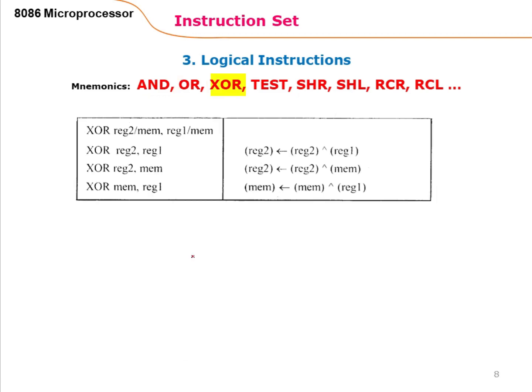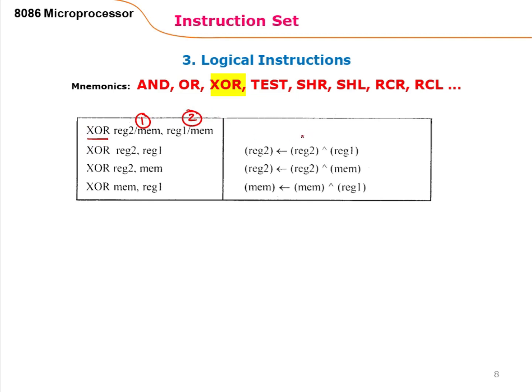Next is the XOR. The XOR instruction is used for the logical XOR operation. XOR can also be used for binary addition. In a similar way, for the XOR operation the first operand is a register or memory and the second operand is also a register or memory.